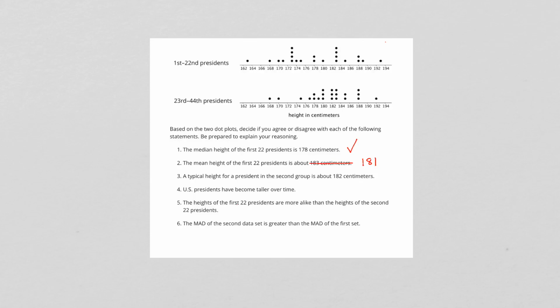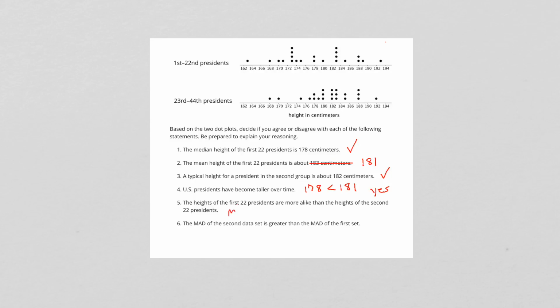I believe that was the mean, or the median. So yeah, we could say that that's true. U.S. presidents have become taller over time. We compared our means, and we found that 178 is less than 182, or 181. So yes, the presidents have become taller over time.